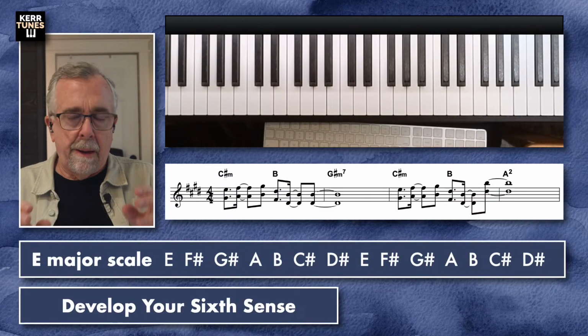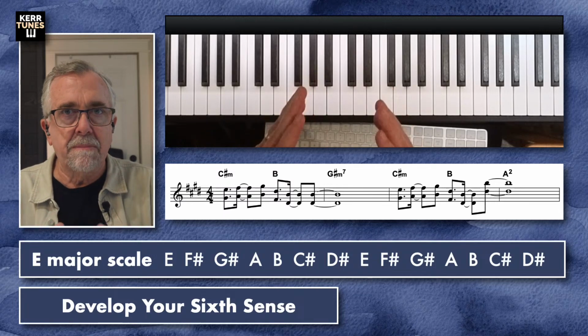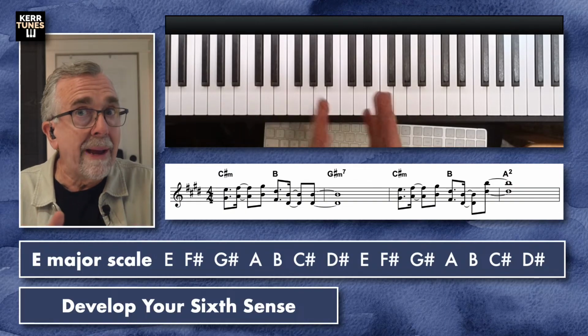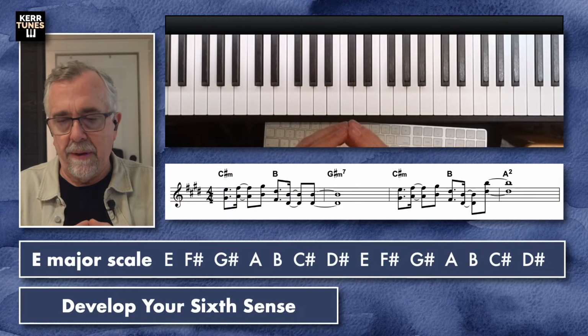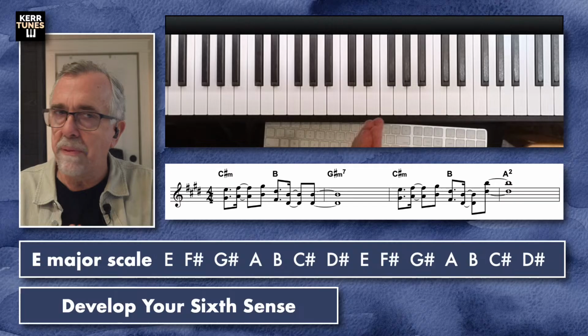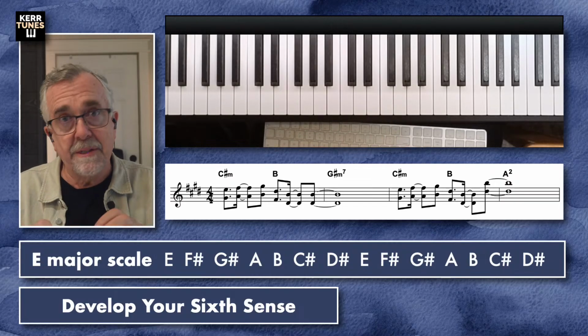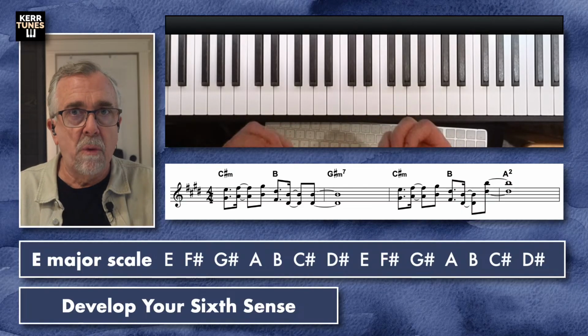And let yourself venture into some of these places where you don't quite know what you're going to play. Recognize that in the key of E, there are 7 notes. As long as you stick to those 7 notes, whatever you play might sound like it needs to resolve. Nothing wrong with that. What is dissonance? It's a note that wants to resolve.